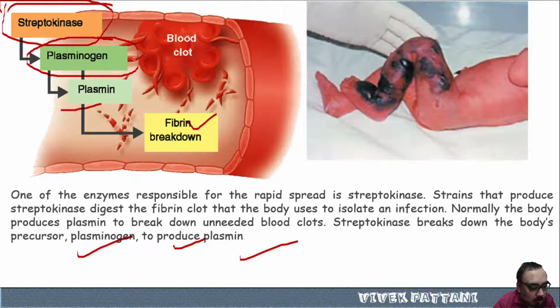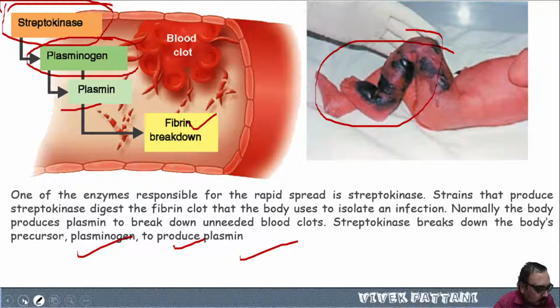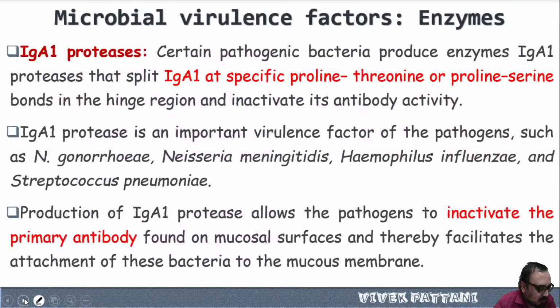It is broken down by the enzyme streptokinase. Now you can see here a small child who is infected with a bacteria, and this bacteria is producing a very high amount of streptokinase. This is a very serious effect of the enzyme streptokinase.